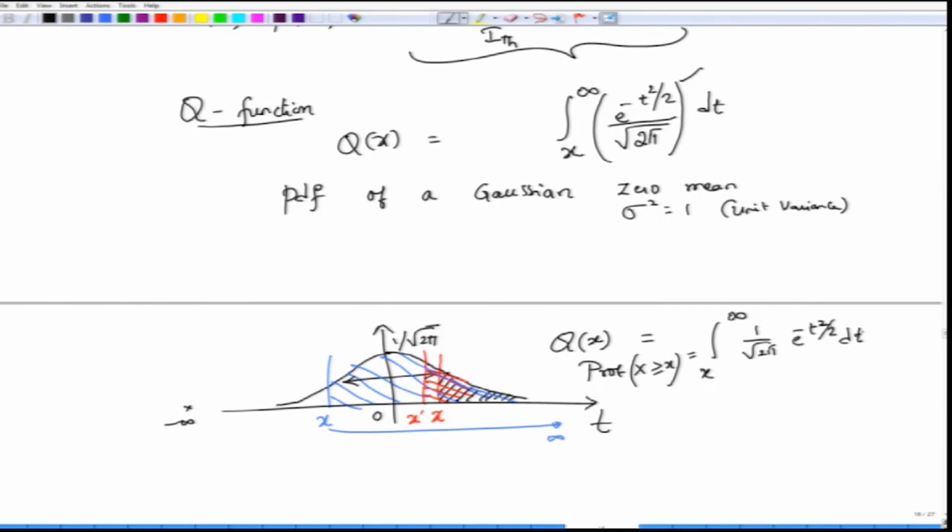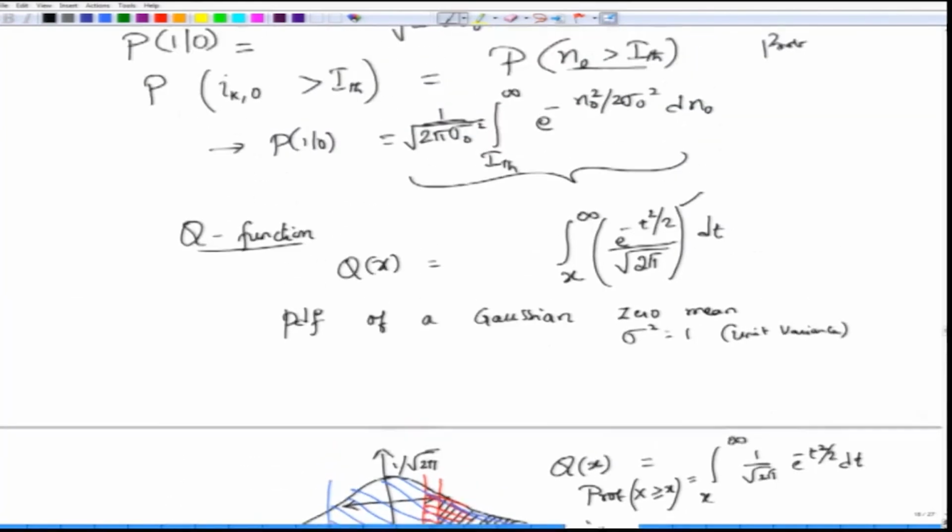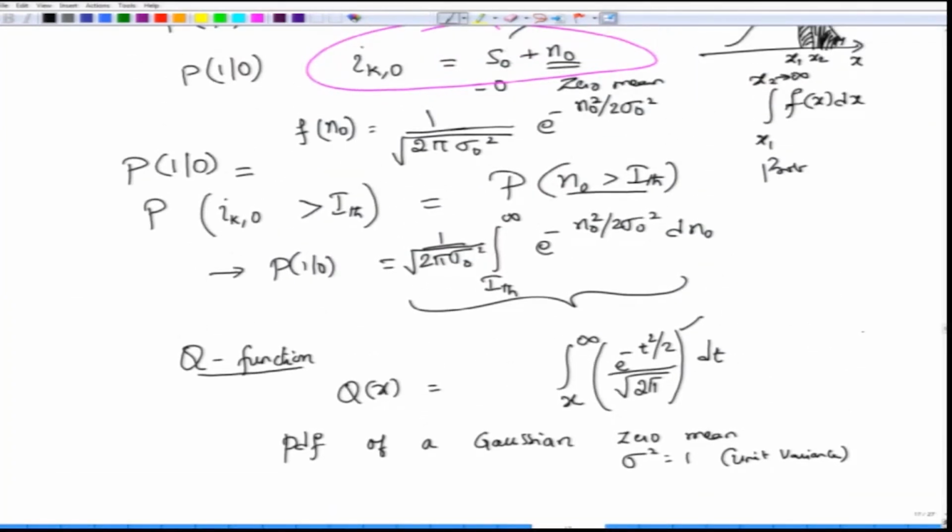Now what is the relationship of this Q function to our probability of error? Well, look at this expression here. You have an integral which goes from I th, which is a threshold current, to infinity, and there is a function which is very similar to a Gaussian function, except that the variance of this one is sigma 0 square, while the mean is still equal to 0.